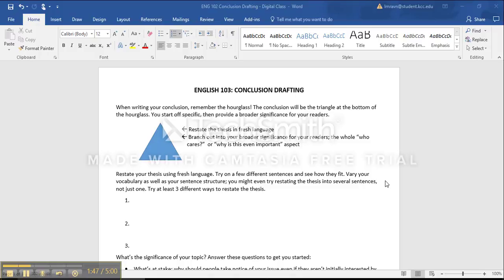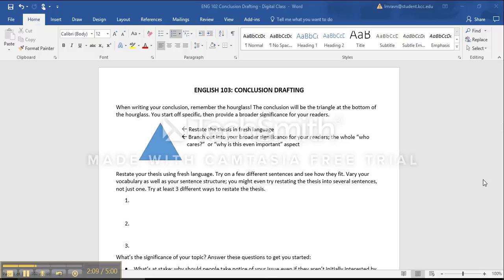So within your thesis, if you have your subject, and then you have your claim, and then perhaps you've got some evidence, you could break those different parts of the thesis up into separate sentences, or you could even expand on those different elements within different sentences. So the first thing that I want you to try drafting is at least 3 different ways to restate your thesis.